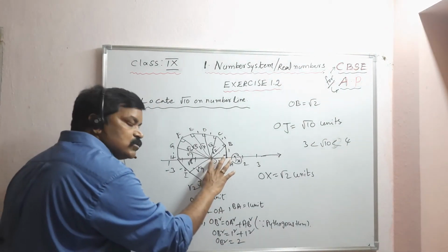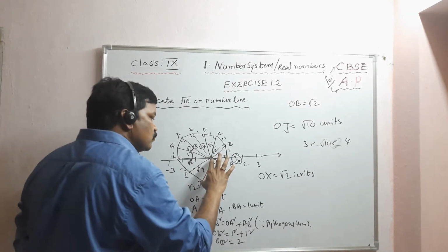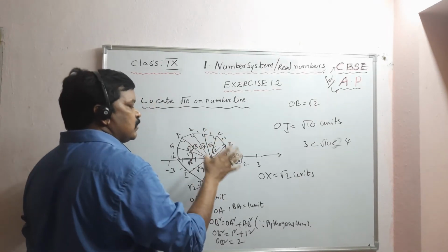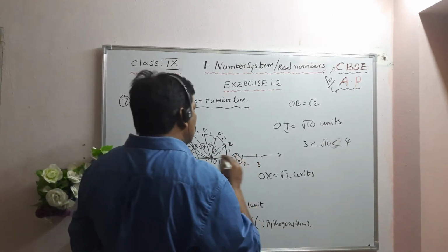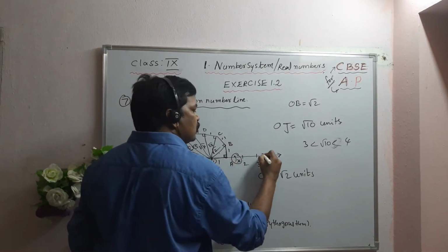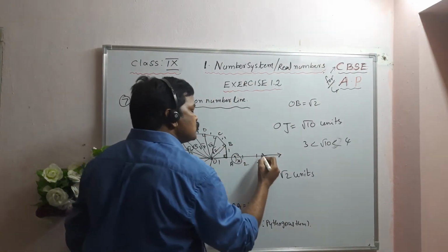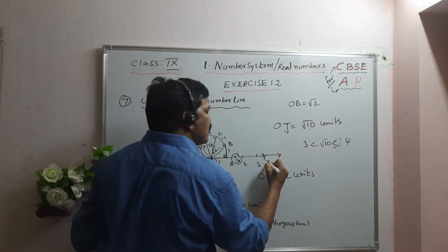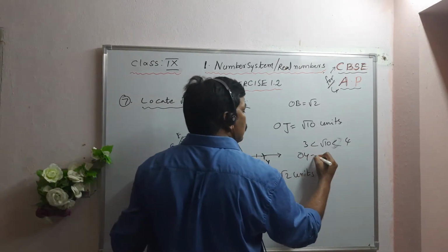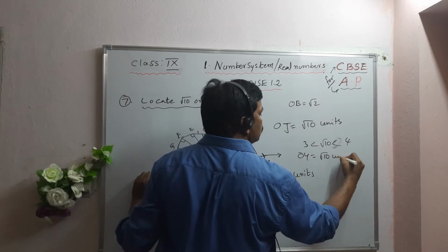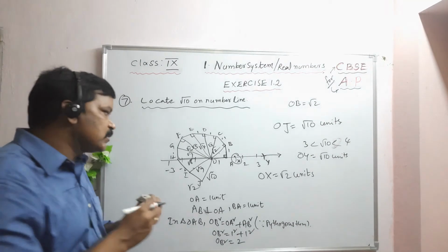Take the length of OJ by using compass. With center O and radius OJ, just draw an arc. This is more than 3, no? So let it be some Y. So this OY is equal to root 10 units. Understand, children?